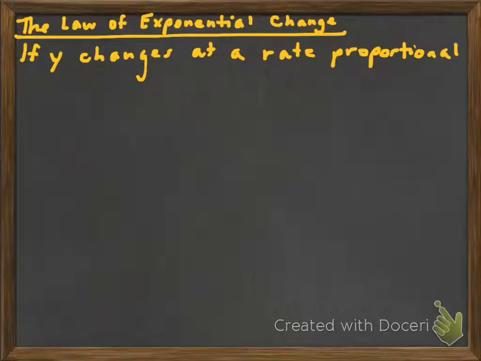I want you to underline "changes at a rate proportional." Because you will see that phrasing, and that's supposed to let your brain know that the equation they're talking about is what we're going to write in just a minute, okay?